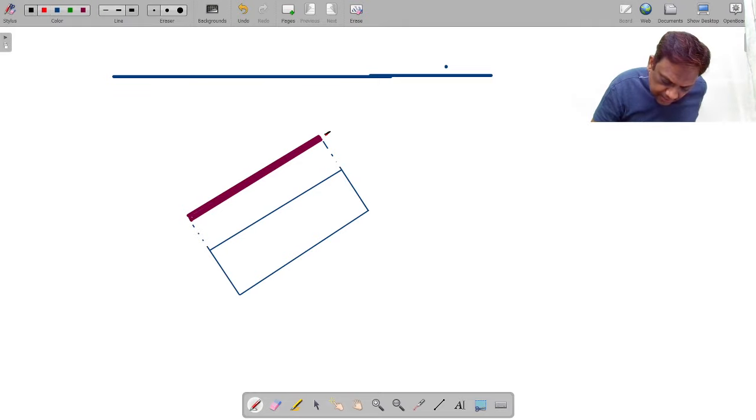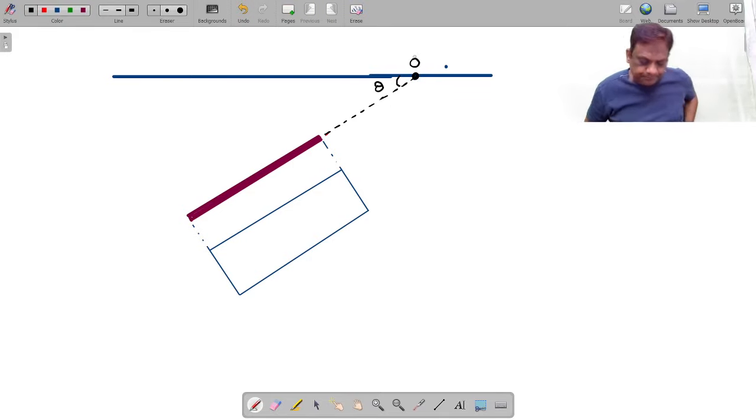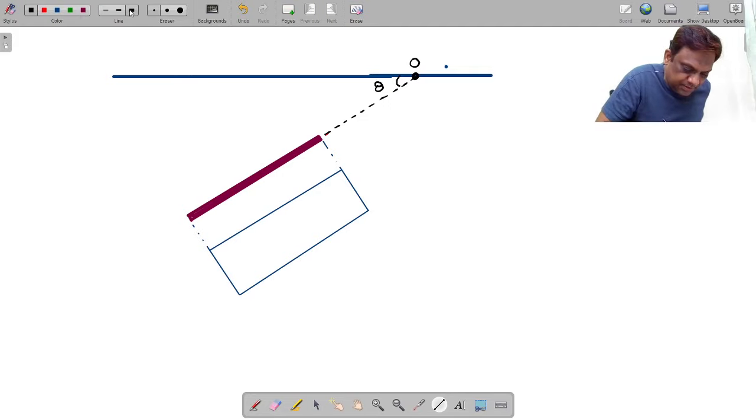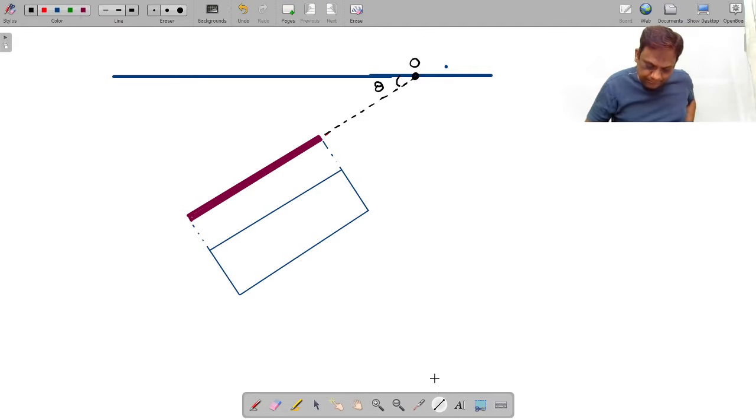Let this angle be theta. Let us take this point as O. Now you draw a perpendicular, my dear students. इसको perpendicular draw करना.